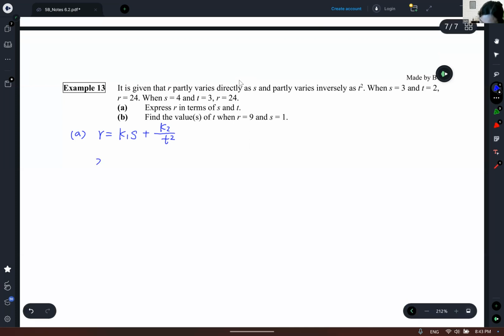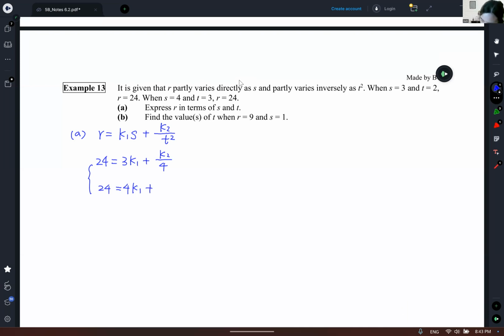The first one is 24 equal K1 times S, that's 3K1 plus K2 divided by 4. The second equation is 24 equal, S equal 4, K1 plus K2 divided by 9. Okay, make sure that they line up.